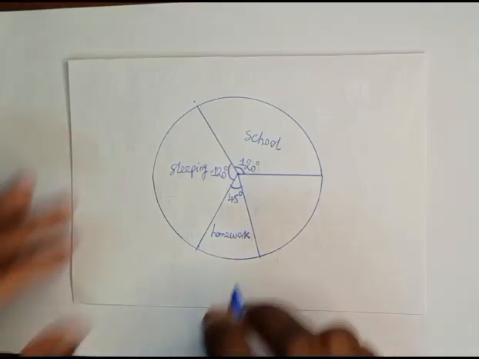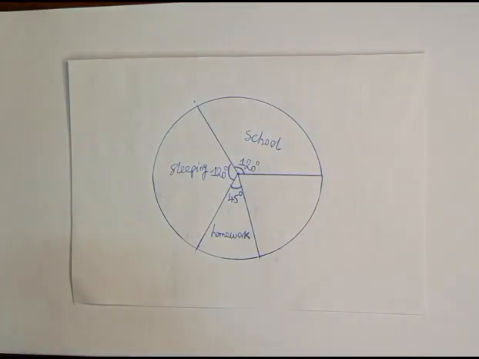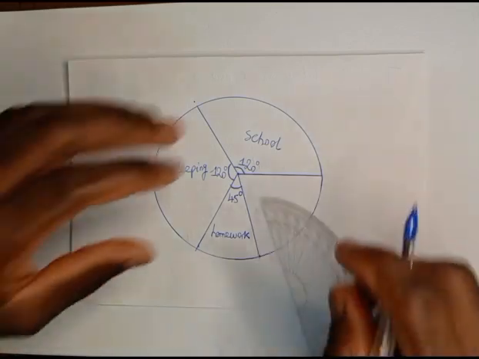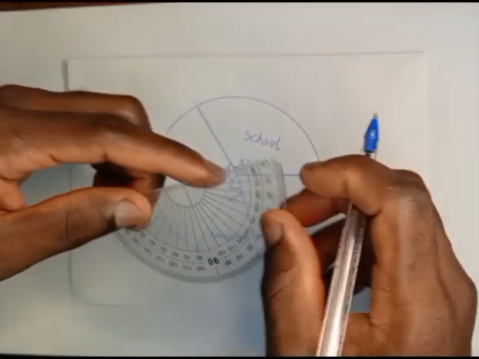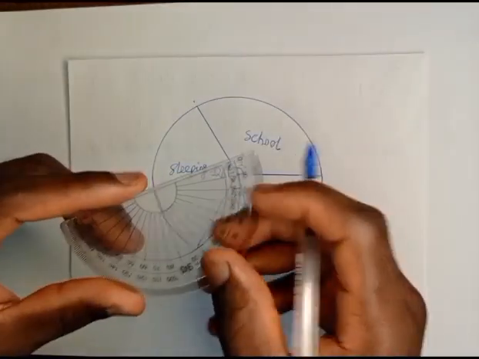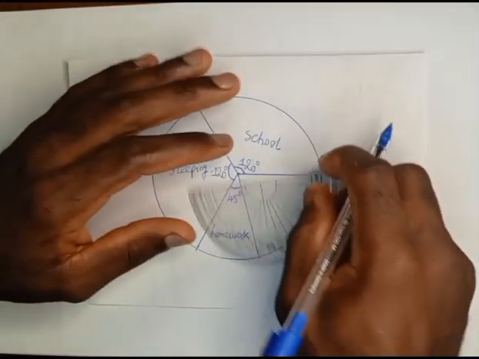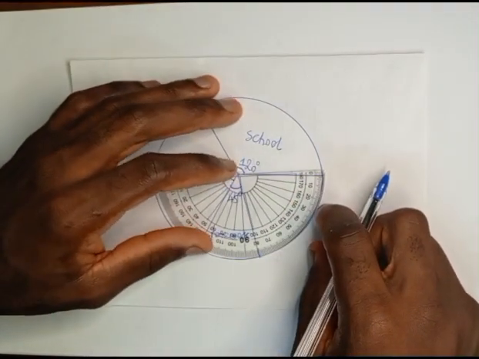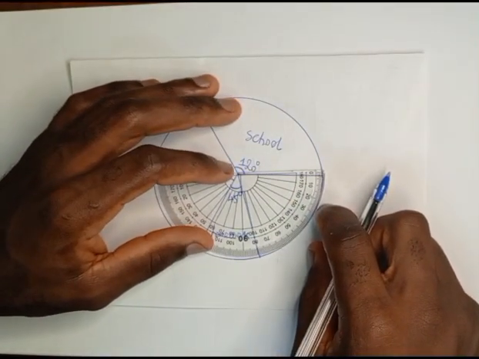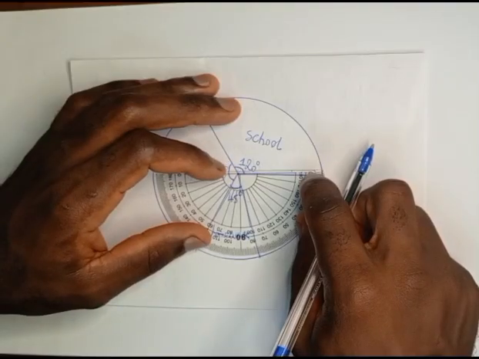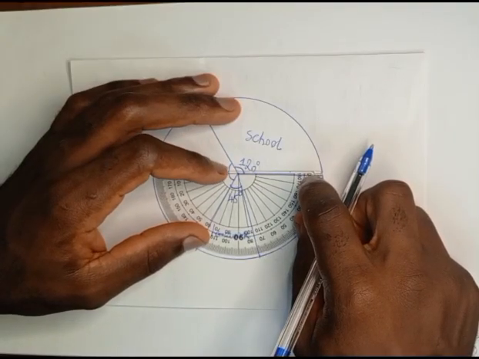Next, we have to represent the sector angle for eating, which is 15 degrees. We need to measure 15 degrees. We can just place our protractor. We place it at the center of this circle, as such. Place the center of the protractor at the center of the circle.